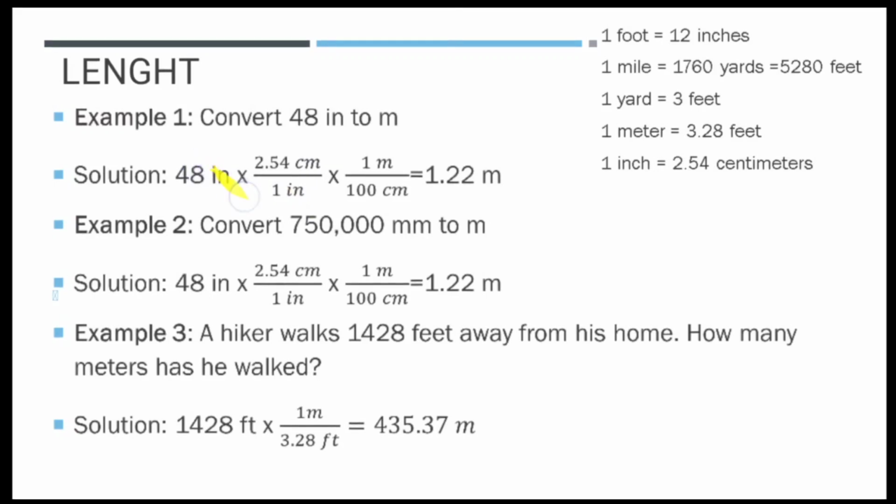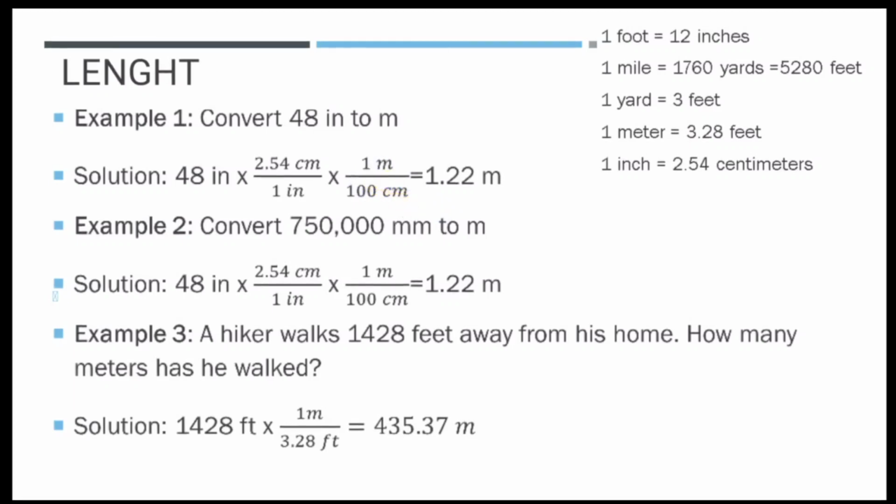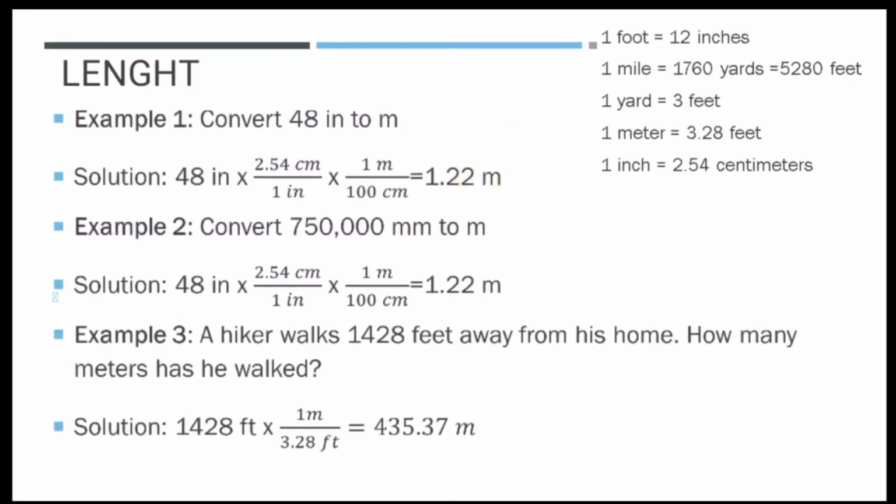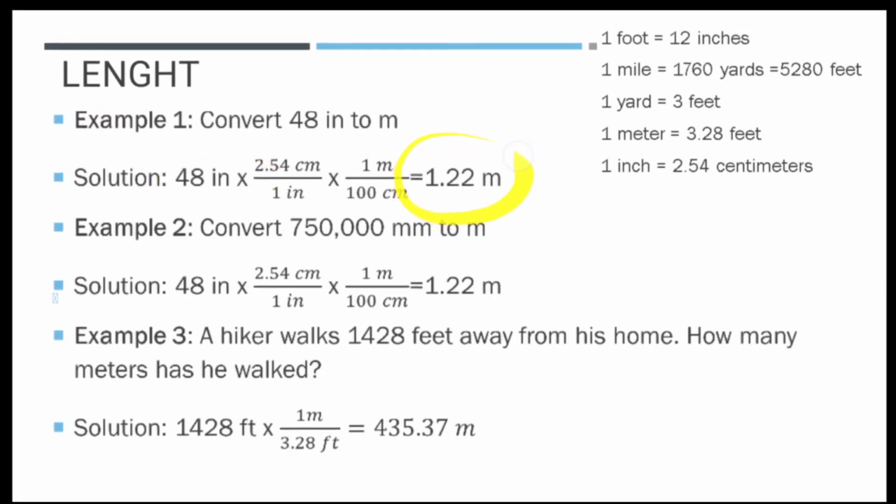We can cancel that. Then here, we have centimeter and centimeter. We can also cancel that. And our remaining unit is the meter. Okay? That's why we come up with meter as our unit. So the answer is 48 inches is equal to 1.22 meters.